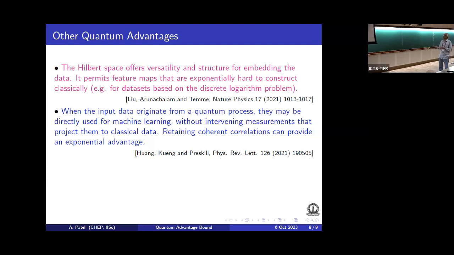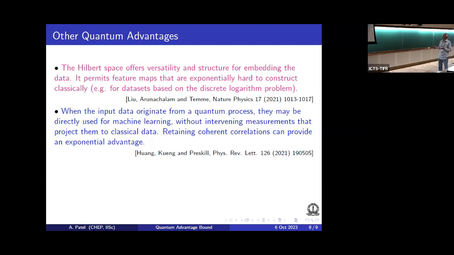And the feature maps which are available in quantum information theory are much more powerful than those available in classical theory. There are certain feature maps which are exponentially hard to construct classically compared to the polynomial effort required in a quantum language.